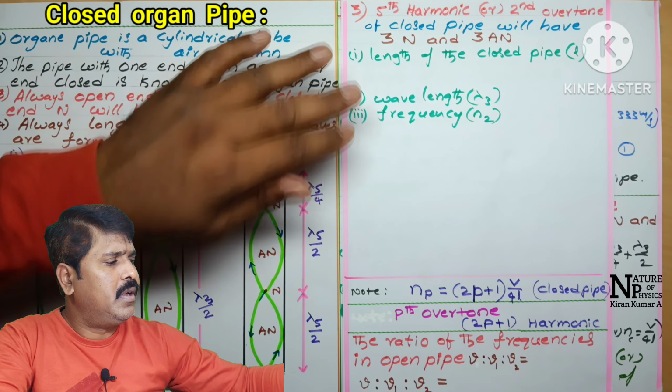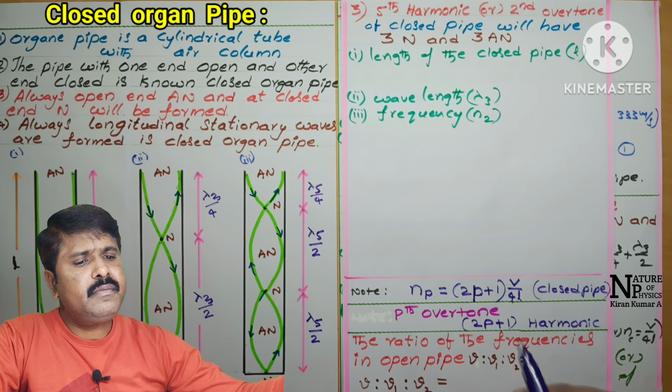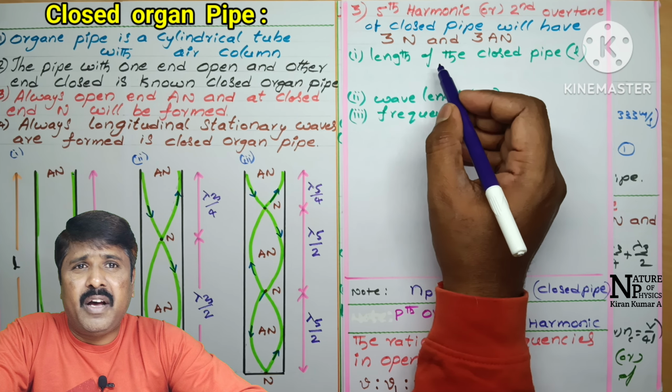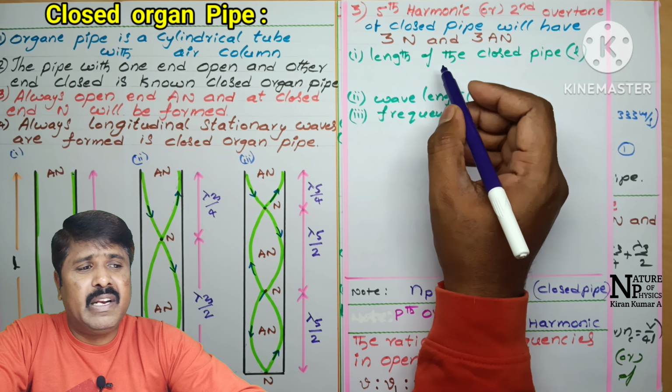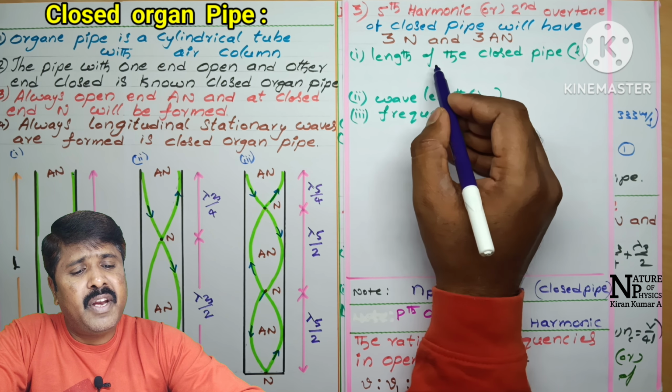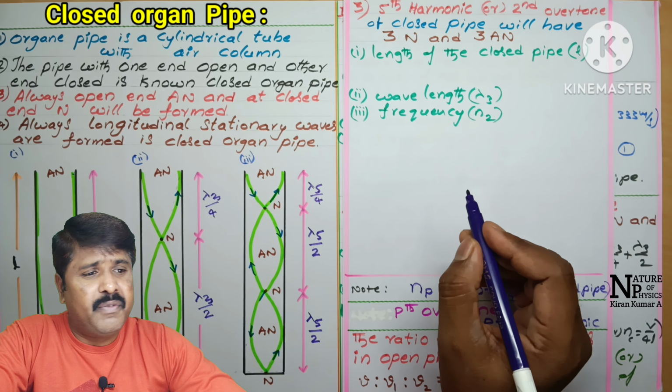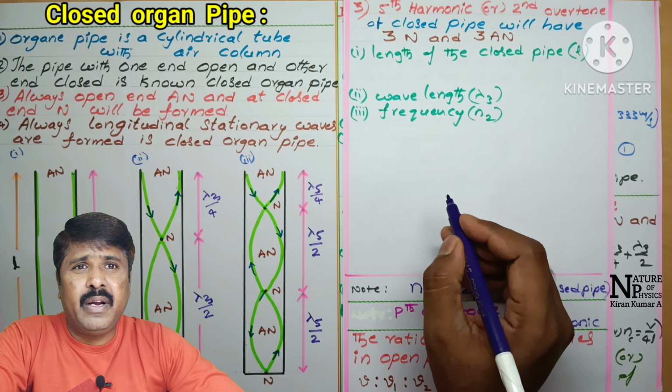See student, for the fifth harmonic or second overtone of a closed pipe, I will give you the derivation. It has 3 antinodes and 3 nodes. Already we are doing this sequentially, one node and one antinode increasing.